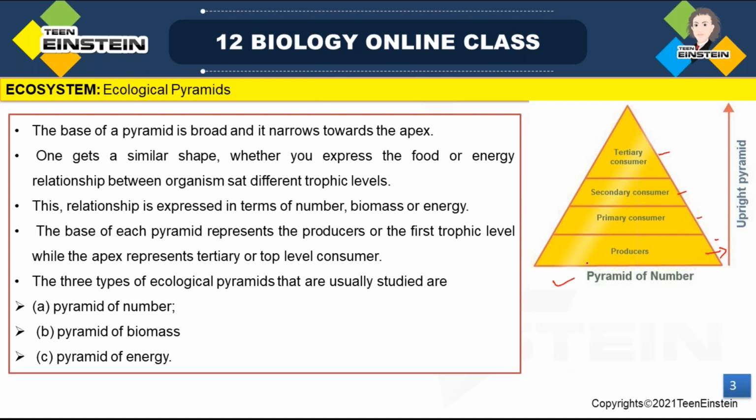At the base level, you can see producers are coming, because there the food production happens. Here food is getting produced at the basic level. Then we can see primary consumers, secondary consumers and tertiary consumers, different types of organisms in different levels.